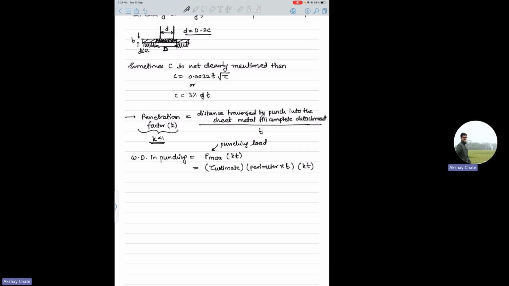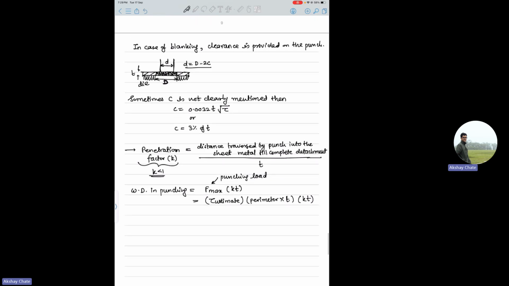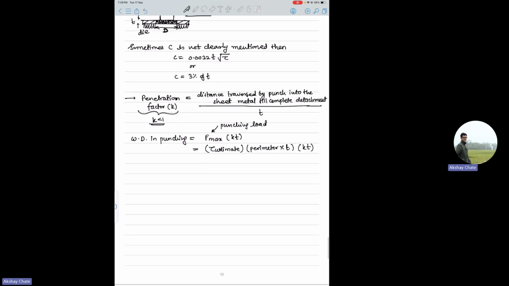But what happens in reality? You'll not have a punch with a flat surface. If you have a flat punch, the problem that happens is when you have contact with the workpiece. Let's say this workpiece is like this.